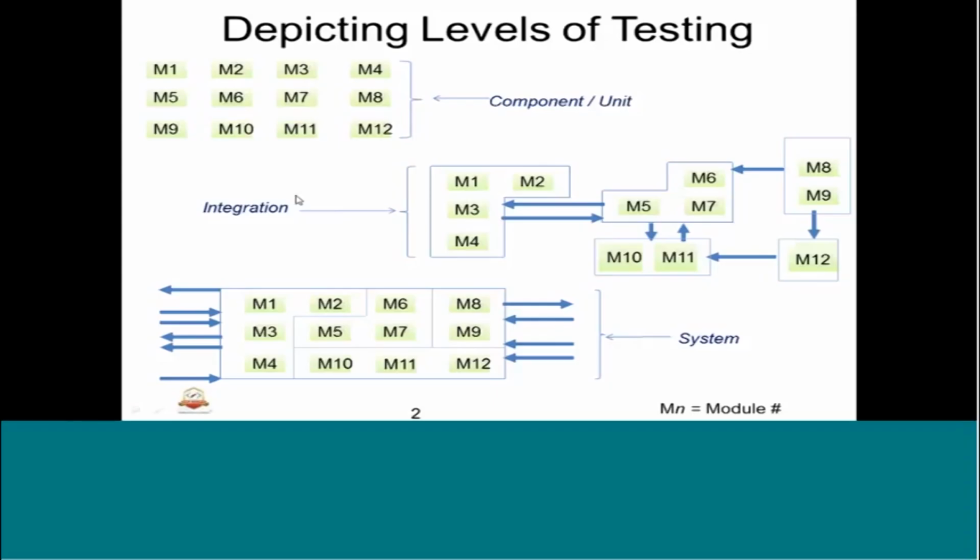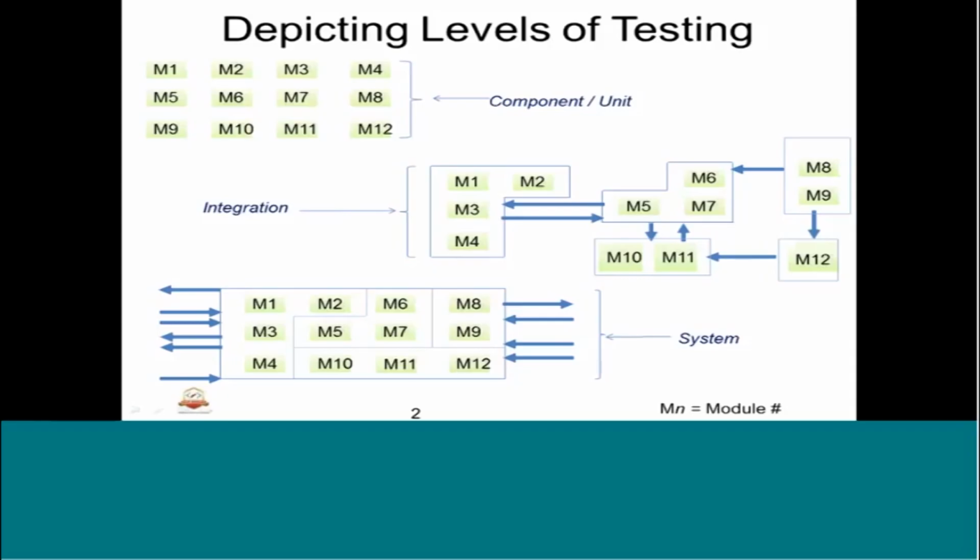Coming to the next, integration testing. Here we take the same example of 12 modules for an embedded system. These 12 modules are logically grouped, mostly based on the functionality of the feature set: block 1, block 2, block 3, block 4. Here you see M12 as a single block.